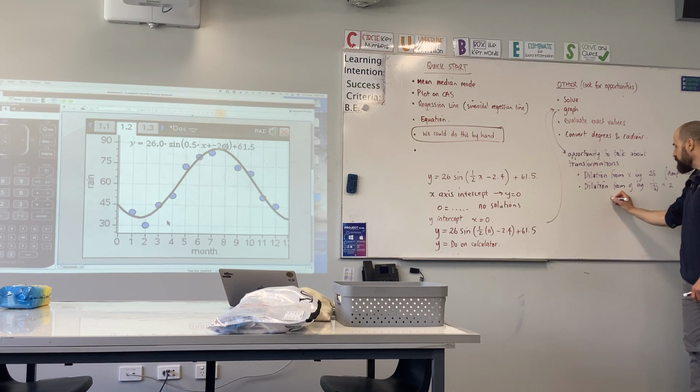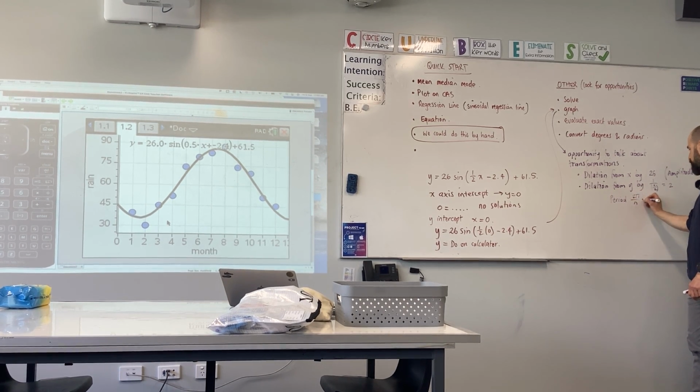So we can then say the period equals 2 pi on n, which equals 2 pi on 2, which equals pi. I feel like that's wrong though. Wait, so why is the dilation not just a half? What if it's from y? Oh, hang on. 2 pi on, that was supposed to be a half.